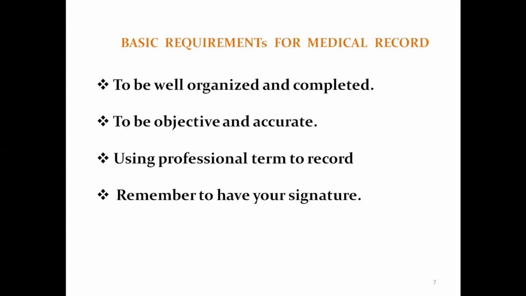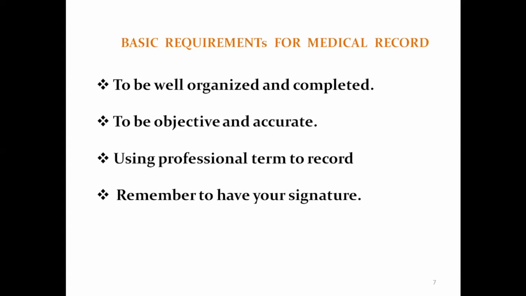Basic requirements for medical record. What are the basic requirements? These basic requirements are to be well organized and complete. That's why I taught you how to write the history taking, because that is a standard, and this is how we write it in an order.